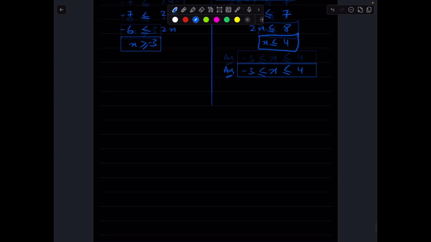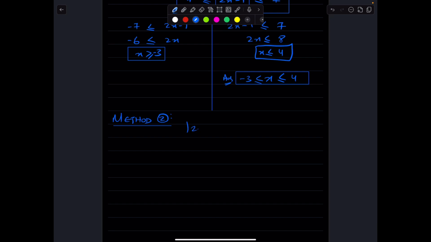And if we use the second method, the sequence will be something like this. So we have modulus of 2x minus 1 is less than or equal to 7. We square both sides to remove the modulus from the left hand side and apply the identity to expand the bracket. So we have 4x squared minus 4x plus 1 is less than or equal to 49.